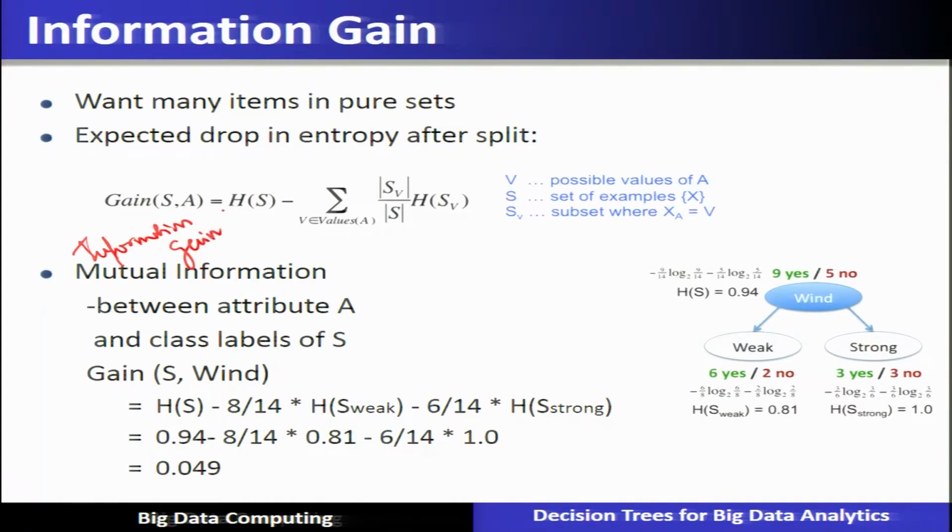So information gain will be H(S) minus the summation of H(S_v), that is, the summation over all the values of A, of the subsets of all the samples divided by the set of all examples.